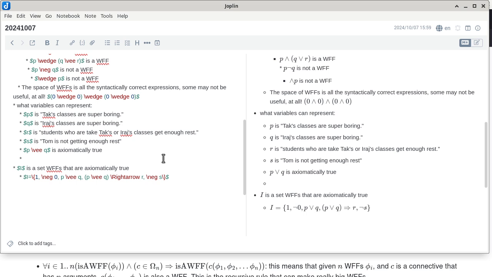Students who are taking my classes or rush classes are getting enough rest because they can sleep in class. Is that okay? And then the third one is Tom, which is a particular person, is not getting enough rest. So those are the axiomatic truths in this universe.